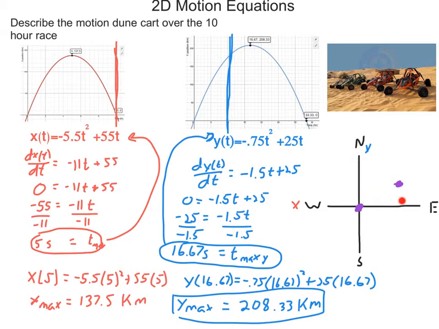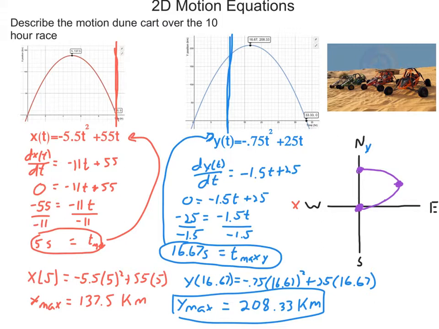I came out in the x-axis, I need to come back. But at 10 seconds, I'm still increasing in y, so it's going to be somewhere, let's say, up there. And if I smooth curve this, it looks something like that, maybe, for the shape of this race, or the shape that my dune buggy would end up going in.